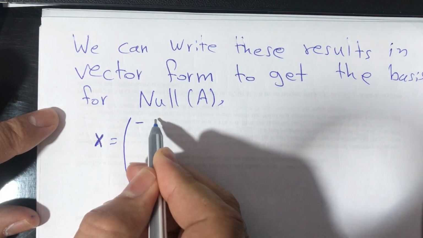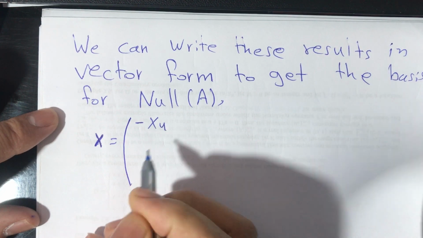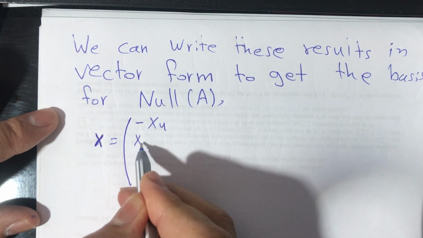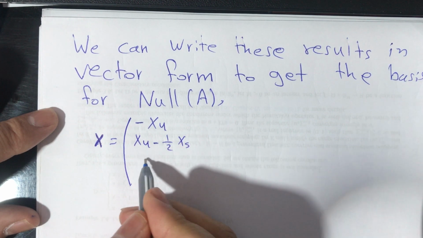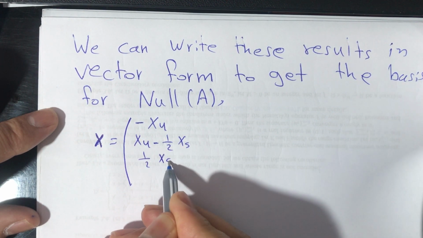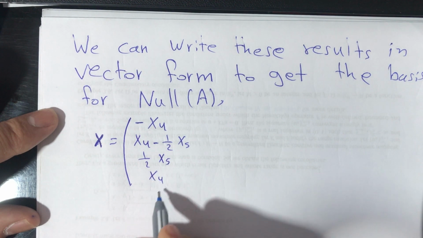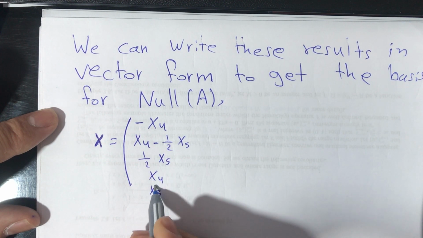That means this will be minus x4, this is x1, and this is x4 minus 1/2 x5, and this is 1/2 x5, and this is x4, and this is x5.